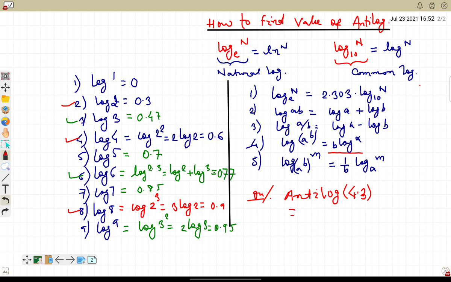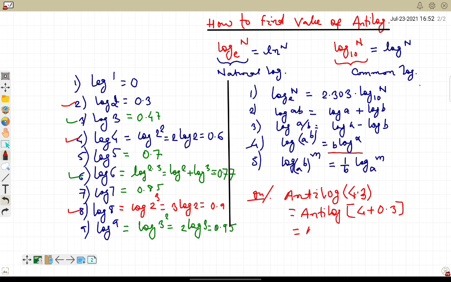So anti-log of 4.3, we can write the complete value as anti-log, first write anti-log here. As we know, log and anti-log are opposite to each other. So we can break the value 4.3 as 4 plus 0.3. First step, try to break it as 4 plus 0.3. Whenever a question is given to you, it is always given in a standard form.